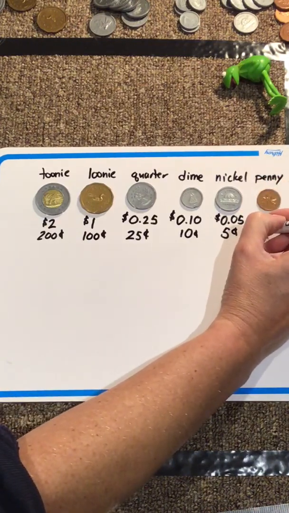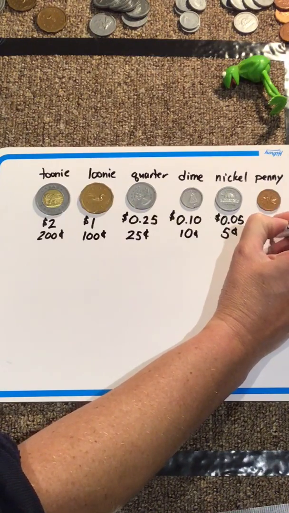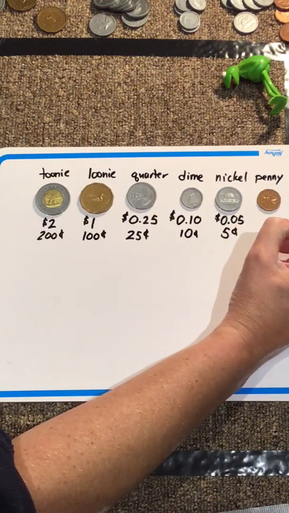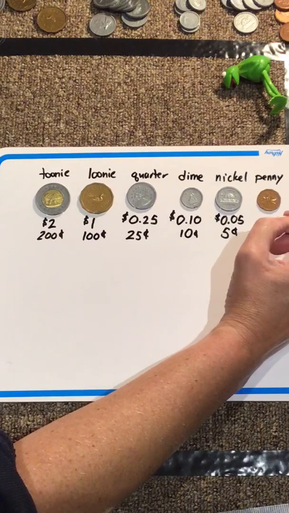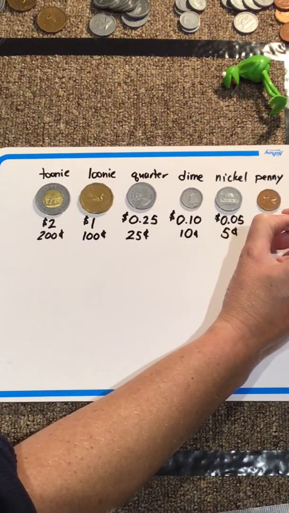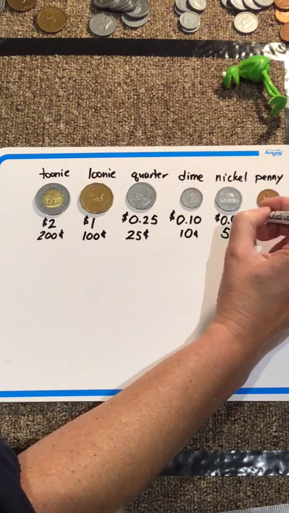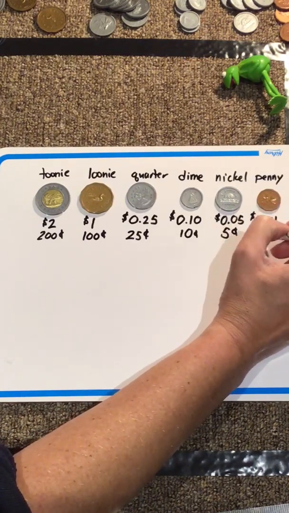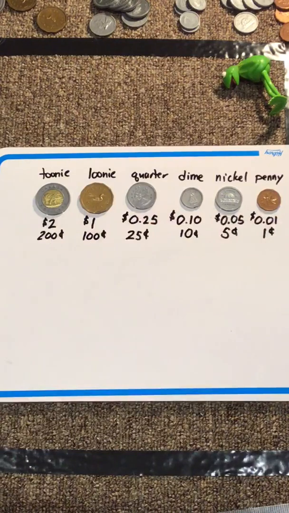Of course, they can still charge you an amount ending in 1 cent at the store. If you're paying by debit, they'll charge you to the penny, but if you're paying by cash, they're going to have to round it for you. Okay, so 1 cent, 1 out of 100, so its value would be 0.01.